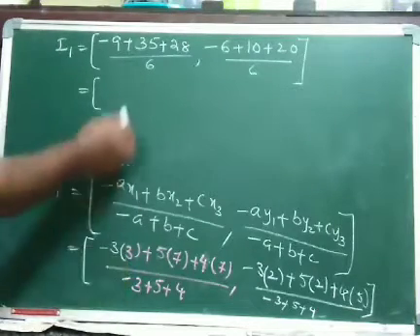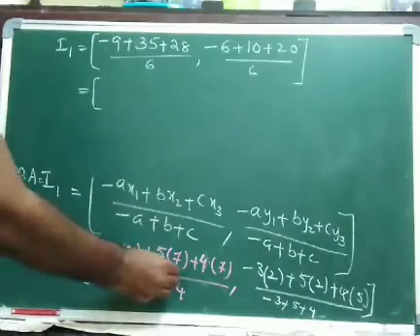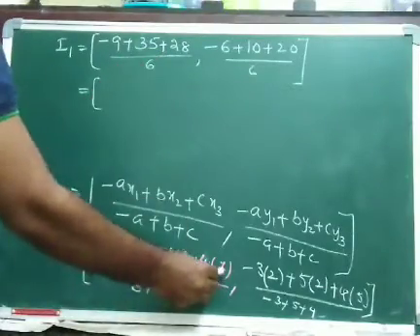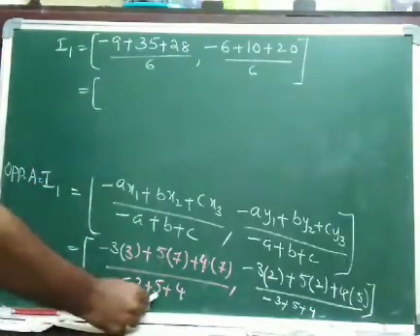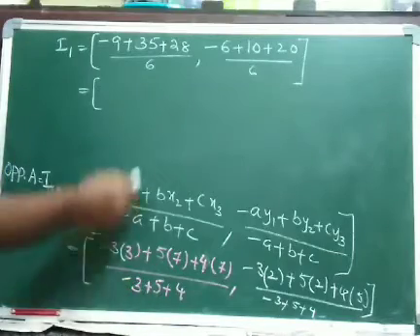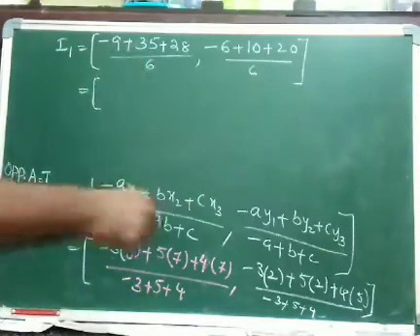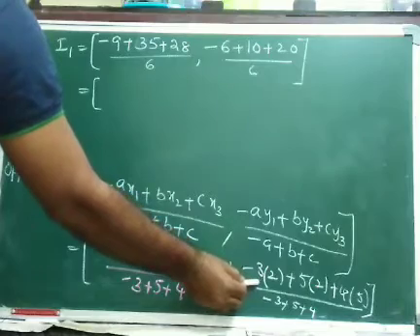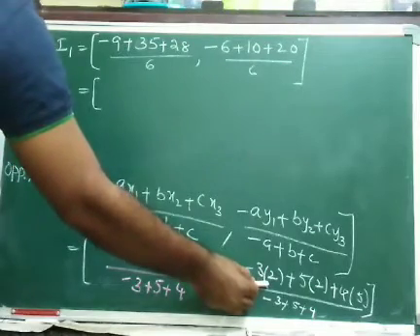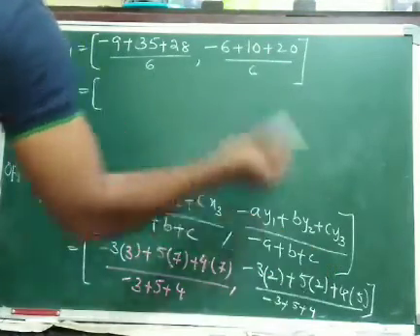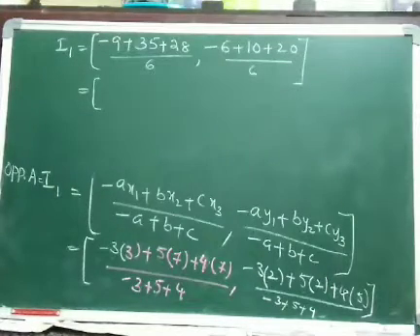Multiplication: minus 3 into 3 minus 9, plus 5 into 7 is 35, plus 4 into 7 is 28, by 5 plus 4, 9, minus 3, which is equal to 6. Similarly, for the multiplication of y coordinates: minus 6 plus 10 plus 20 by 6.